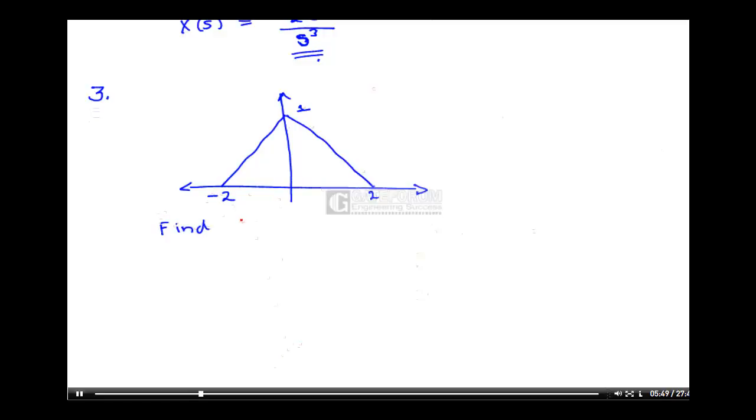Find the Laplace transform of the above figure.